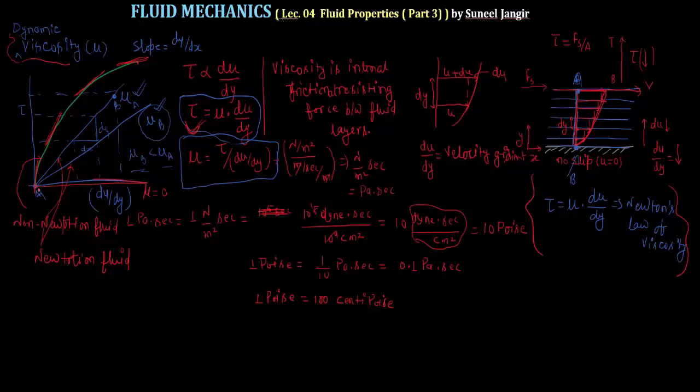So what will happen when the viscosity is 0? When the viscosity is 0, the internal resistance between the layers is also 0. It means the layers are not offering any resistance to each other. If there is no resistance, the fluid is very difficult to handle.